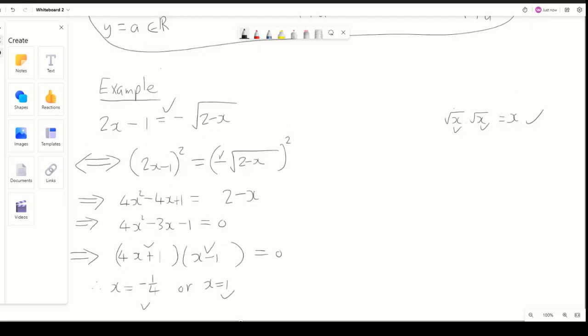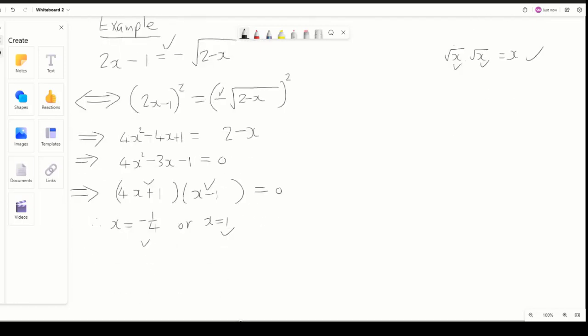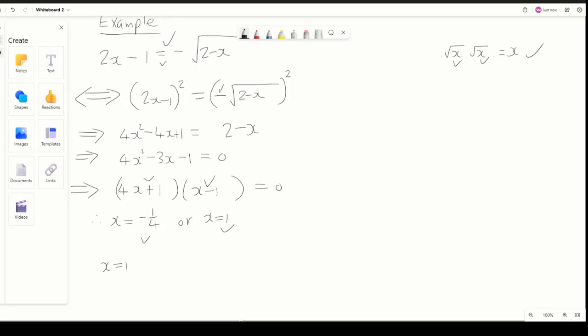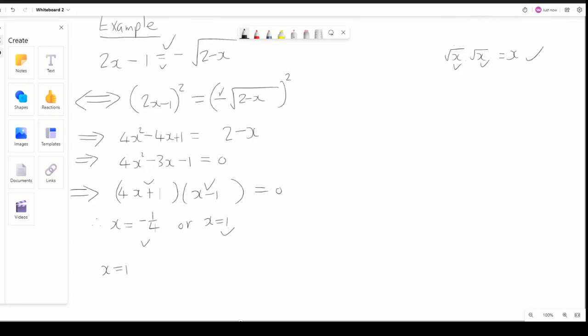So let's first try x equal to 1 and see what happens there. We can start with any one, it doesn't matter. Let's look at the left-hand side, and see if x equal to 1 is indeed a solution to this equality. The left-hand side is 2 times 1 minus 1, which is equal to 1.